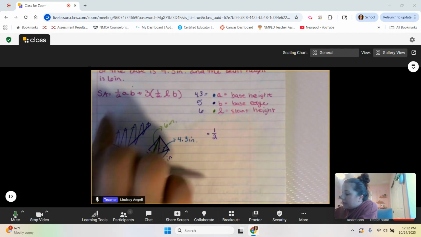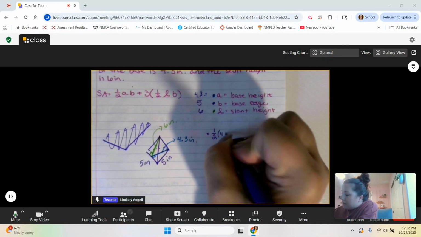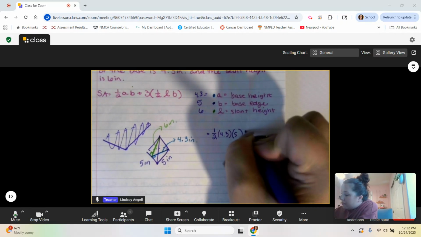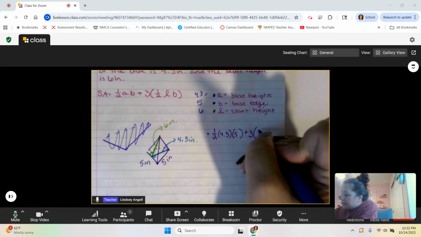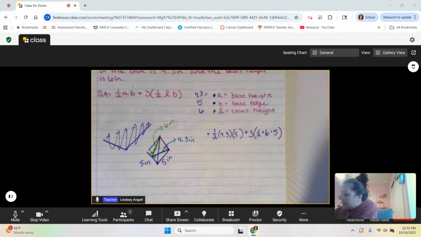So if I'm filling in this formula, for A, I have 4.3. For B, I have 5. And then we have plus 3 times 1/2 times the slant height times the base edge.